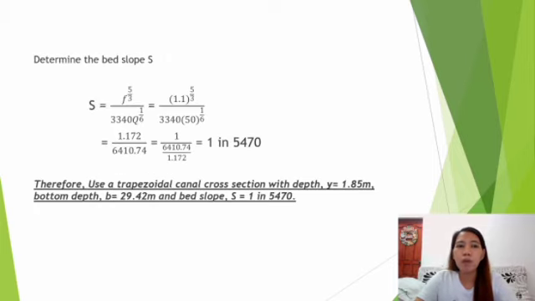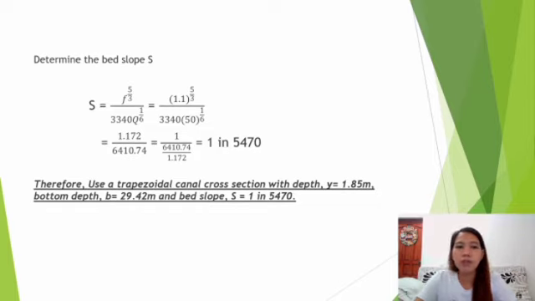After we have the value of b, we can determine the bed slope from the given formula from Lacey's theory. There, our bed slope S equals 1 in 5,470.